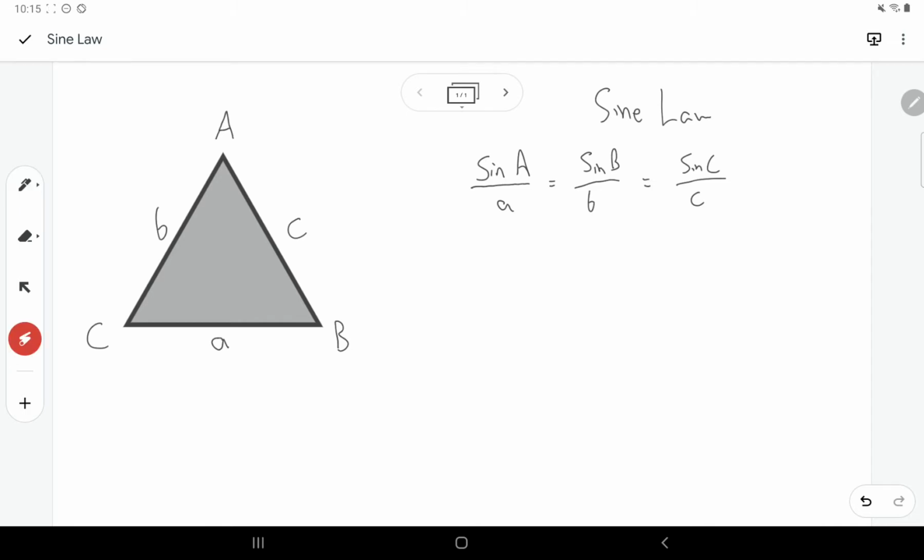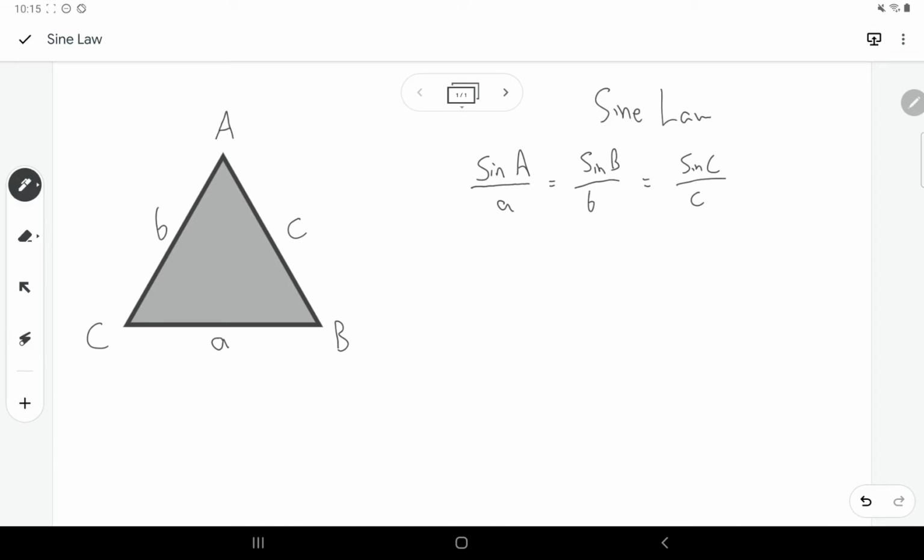What that really means is the ratio between the sine of an angle and its side pair is always going to be the same for any pair in the same triangle. So the ratio of these two, the ratio of these two, and the ratio of these two are all going to be the same. And because they have an equality there, we can use those values to solve for missing values. Which means as long as we have every other value in the equation, we can solve for an angle.